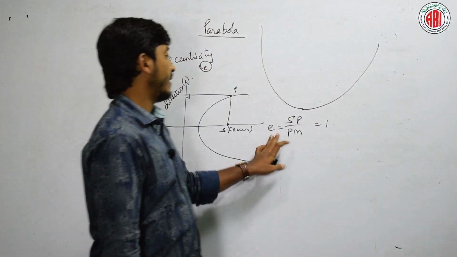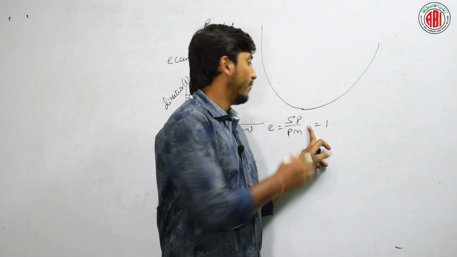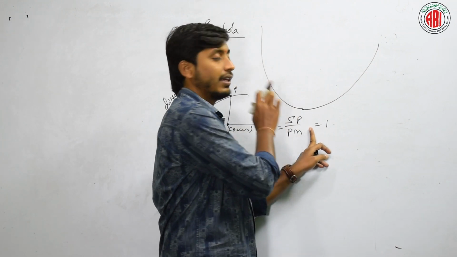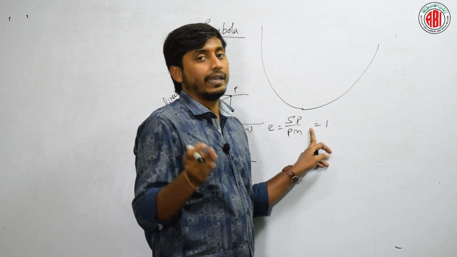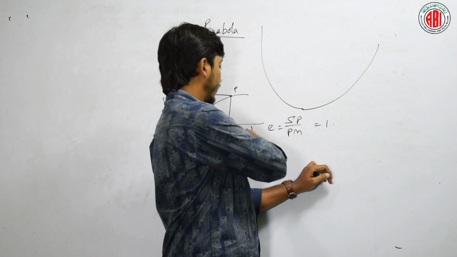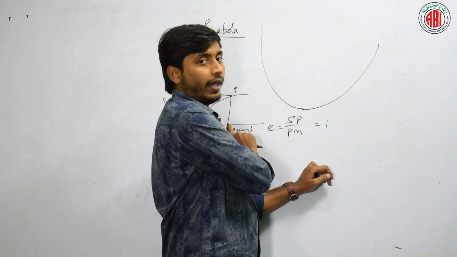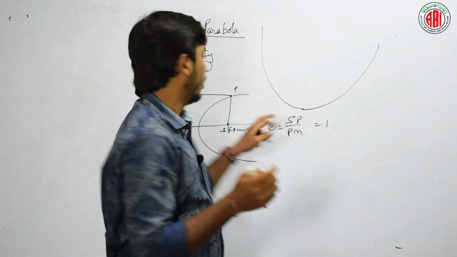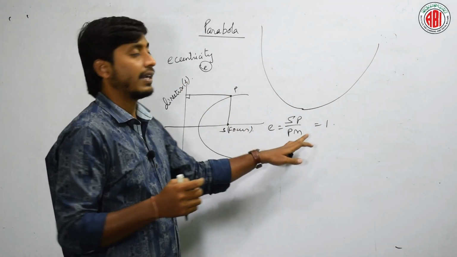Eccentricity can be defined as the ratio of the distance of a point on the curve to the fixed point, to its distance to the fixed line. SP is the distance from any point of the curve to the fixed point. PM is from this point of the curve to the line, which is a perpendicular distance. Is it clear?